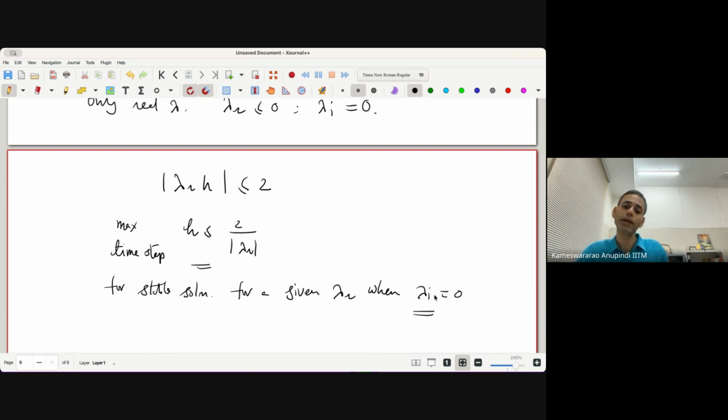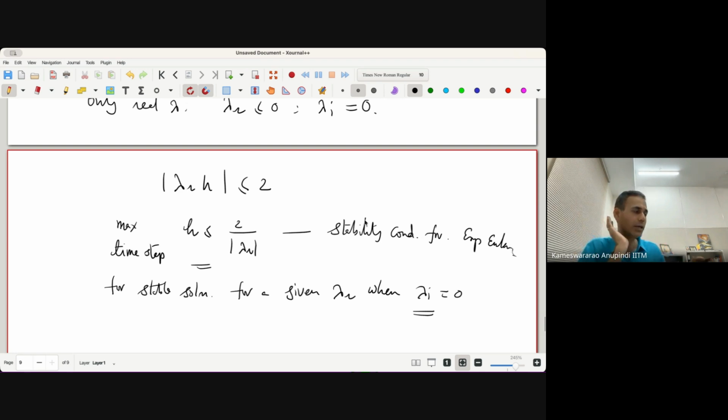That means if you have purely real values of lambda, the maximum time step you can take is h less than or equal to 2 by lambda r. Okay, so this is the stability condition for the explicit Euler method, but it is only valid for lambda r negative and lambda I equal to 0.